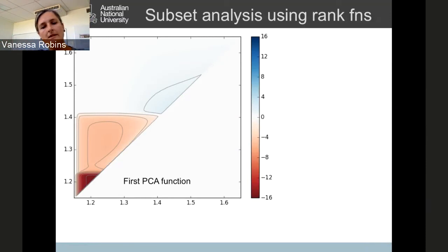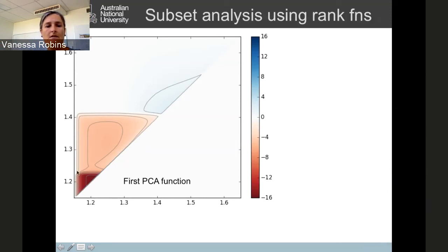The other step in our analysis was to go back and actually visualize the first PCA function. That's what this little diagram is showing: the function that represents that first dominant axis of variation. What you can see is that the maximal variation is occurring about this point in the birth-death plane, about 1.2 times the bead radius.